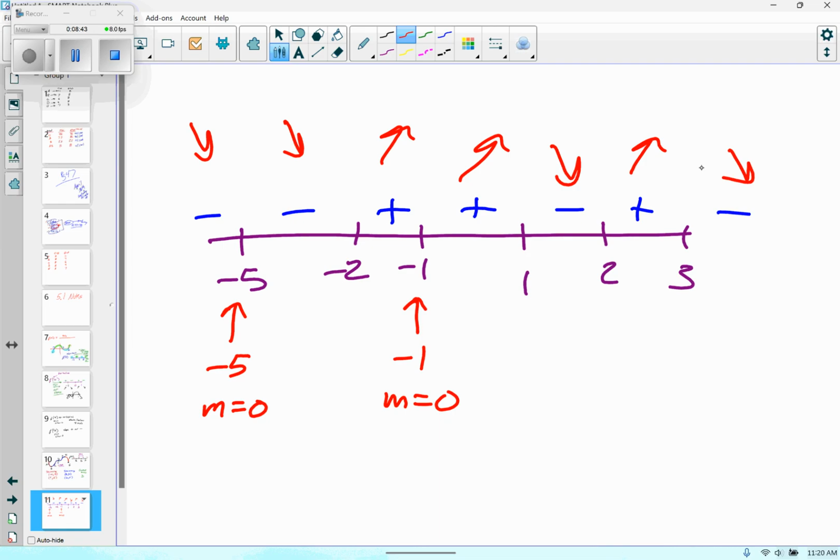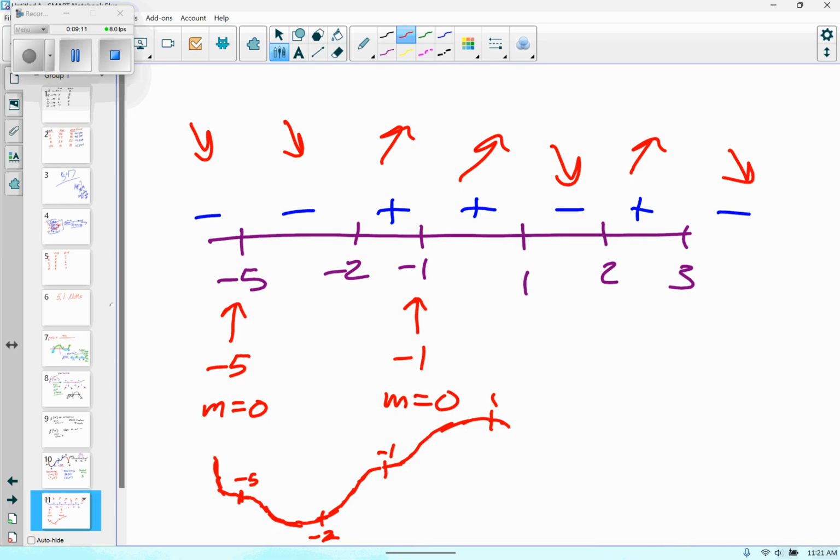And if you were to try and make a graph based off this, it would come down and at -5 kind of do this and then keep coming down till it got to -2. And then it starts increasing up until -1. And it does a flatten out, and then it starts increasing again till it gets to 1.